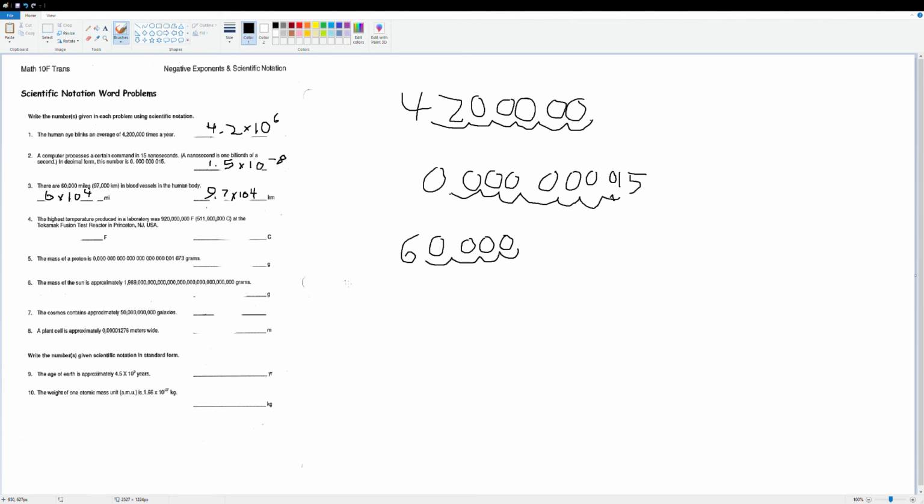The next one: the highest temperature produced in a laboratory was 920 million Fahrenheit, or 511 million Celsius, at the Tokamak fusion test reactor in Princeton. So we can write this one out again. 920 million. And we can see here we're going to move the decimal point 8 times.